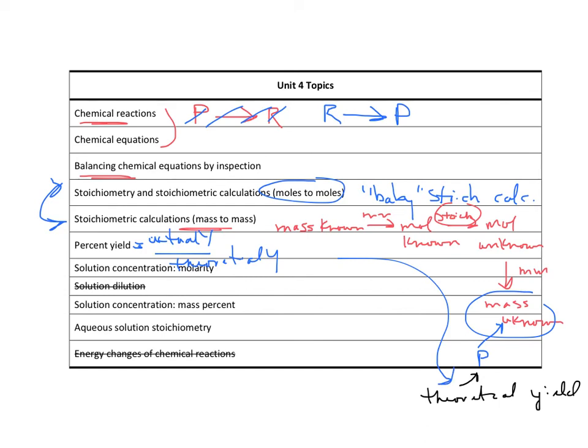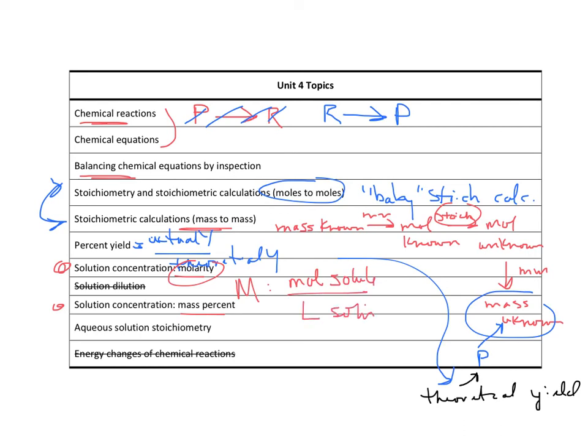And then it looks like we have a couple of solution ones. We have solution with regard to molarity and solution with regard to mass percent. Always remember that if you're working a problem with a solution and it has a big M, always remember to unpack that. That means moles of solute per liter of solution.